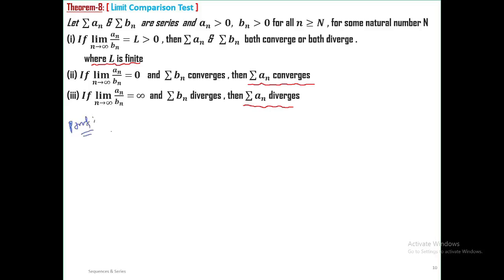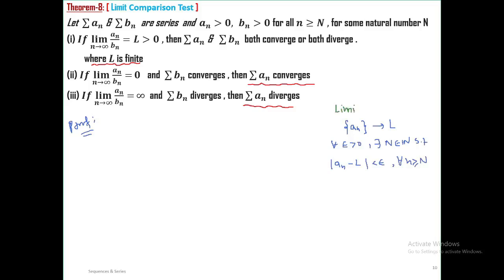So here, look at just one definition. For example, the sequence an is given to us, and the sequence an converges to L. So by definition, for all epsilon greater than 0, there exists a natural number N belonging to the natural number set, such that modulus of an minus L is less than epsilon for all n more than or equal to capital N. So this is the limit definition.